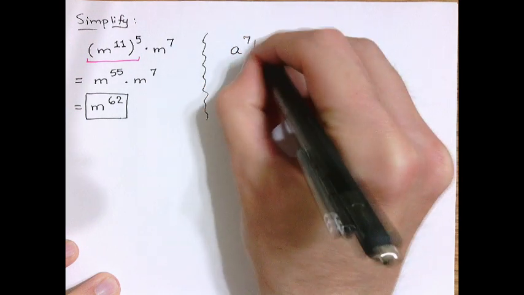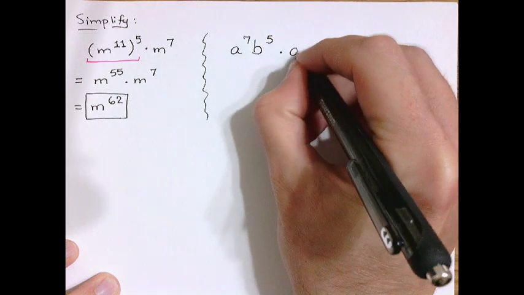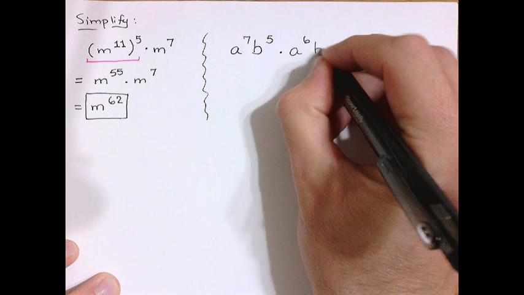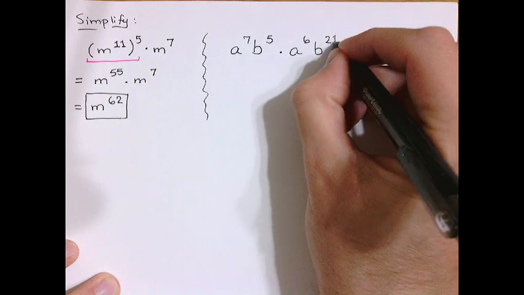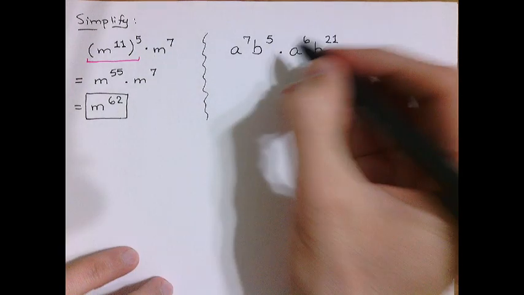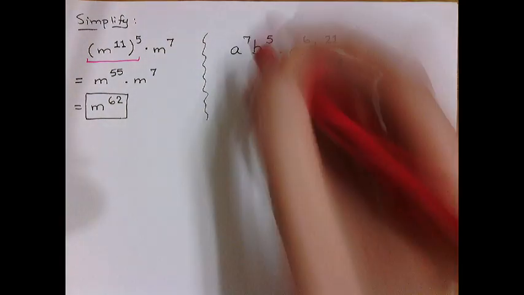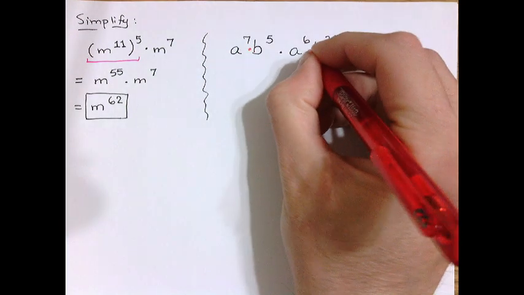All right, so let's do this. a to the 7th, b to the 5th power times a to the 6th, b to the 21st. All right, so what we need to understand in this problem is that I've got this multiplication between these two terms, but these guys also have multiplication in between them.